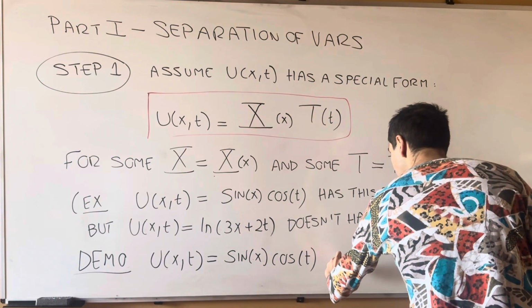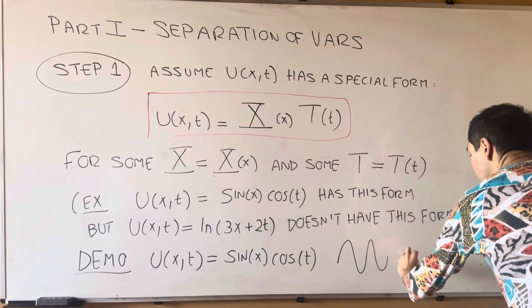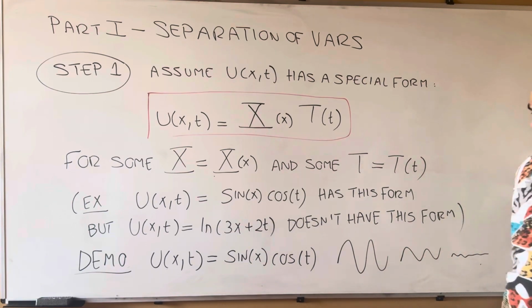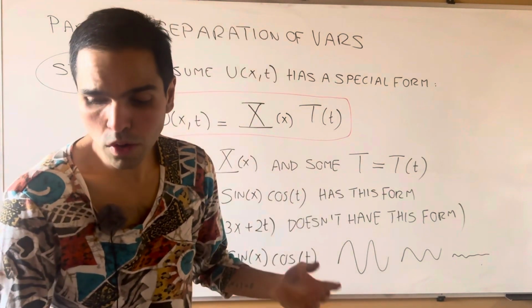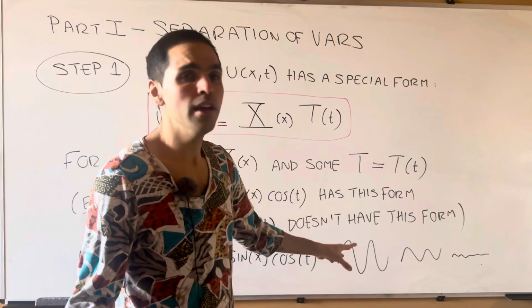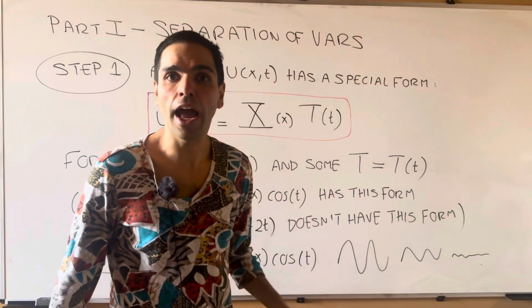So for instance, at t equals 0, it might look like this, but then at t equals 1, it looks smaller, and then even smaller, etc. So suppose you're modeling the PDE and you notice, hey, the solution looks like scaled versions of sine.